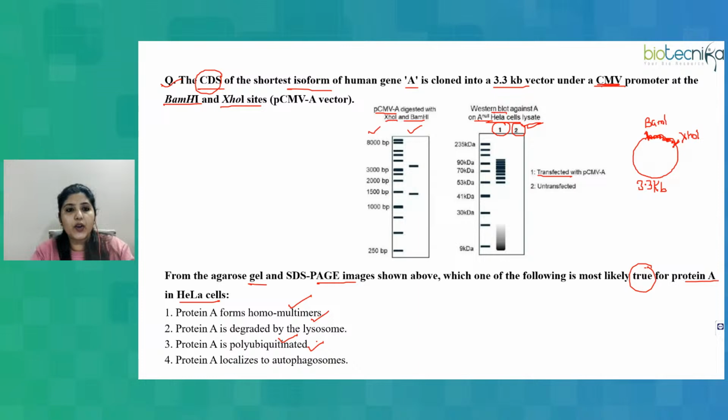Satyam and Rinku, you are saying option 3. I'll let you know in some time. Others, please also solve this question. Pay attention to the details given in the question, and specifically the terms, like whether you have to choose the correct statement or incorrect statement, or true statement or not true statement.